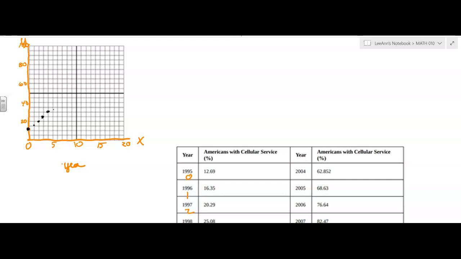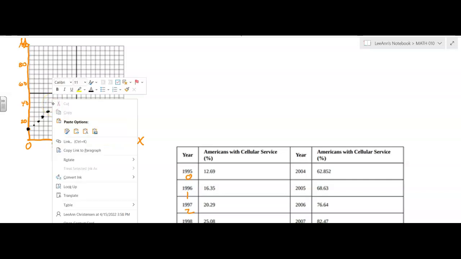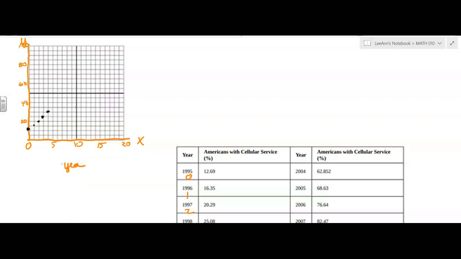The next year, year 5, is going to be 39, so almost to 40. I don't know why it does that. It's just this program. And then year 6 would be 45. Increasing, still pretty good. Year 7 is 49. Okay, now maybe it's starting to taper off.